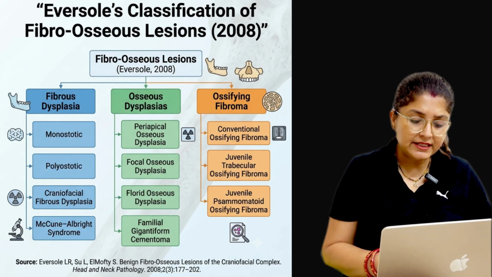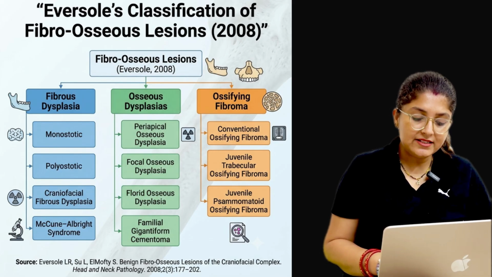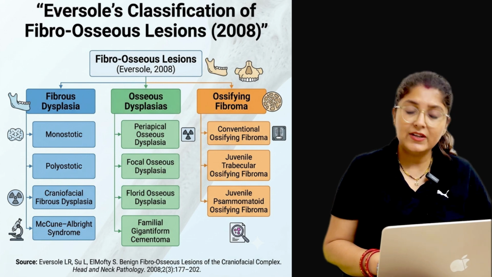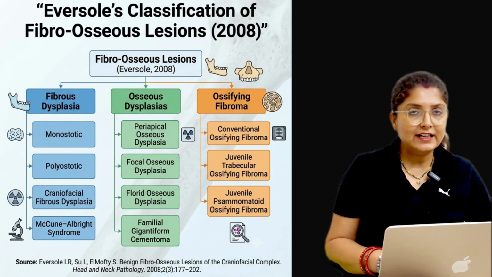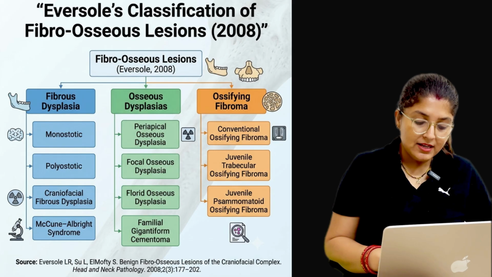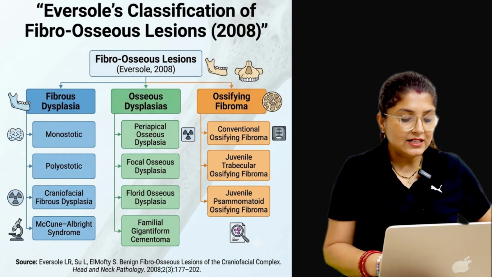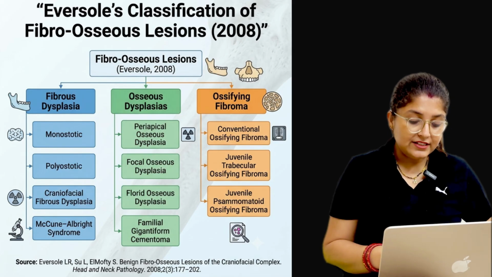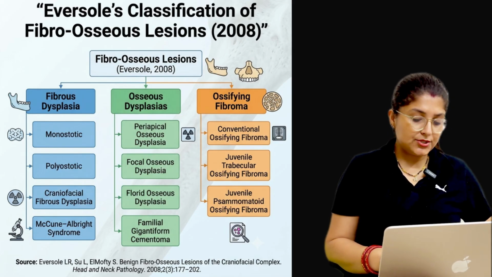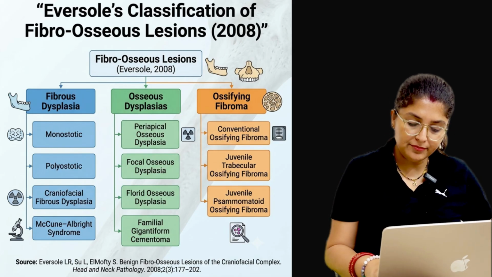Then we have segmental odontomaxillary dysplasia. Fine. Then the next variety is cemento-osseous dysplasia, in which we have focal and florid variety of cemento-osseous dysplasia. Then we have inflammatory or reactive processes, which includes focal sclerosing osteomyelitis, diffuse sclerosing osteomyelitis, proliferative periostitis.